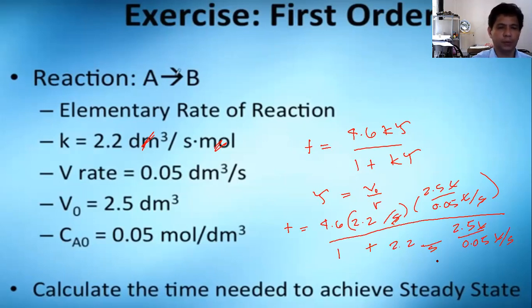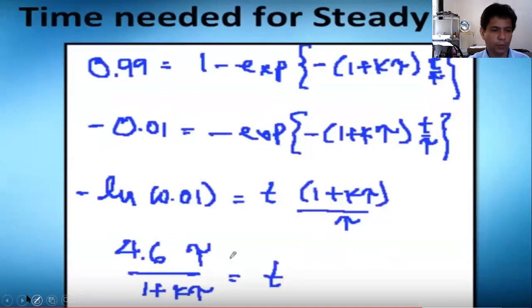Using the calculator, this will give you something like... oh, it's 4.6 tau, there's no K there.